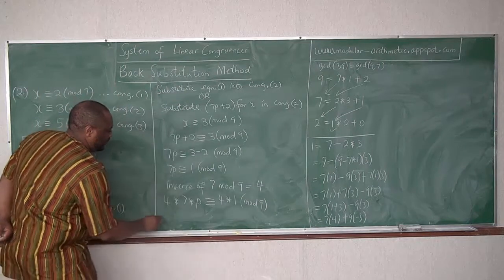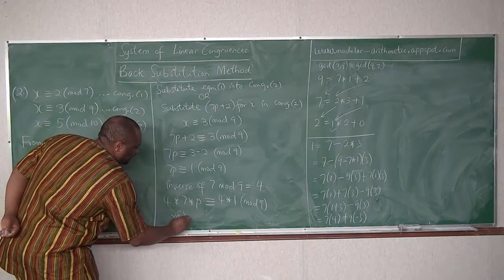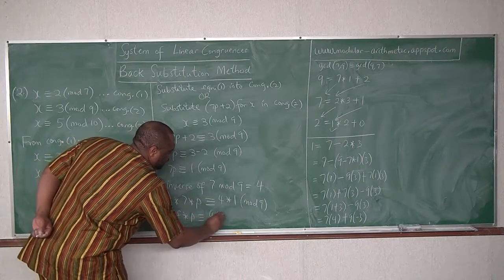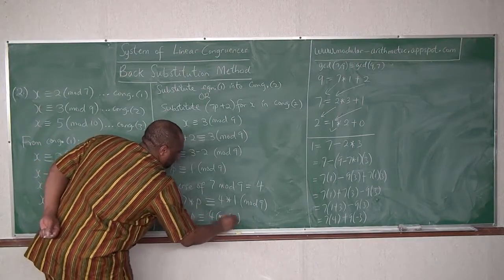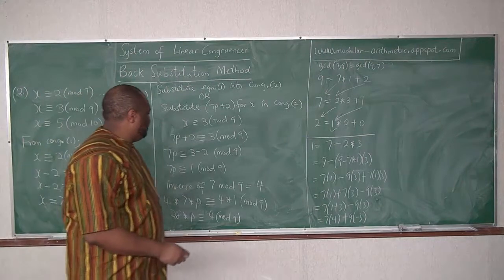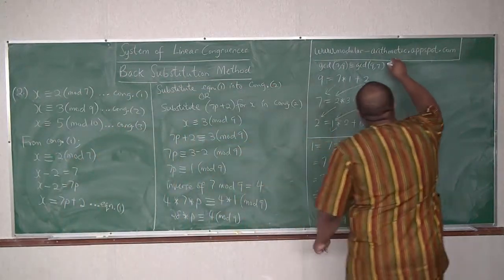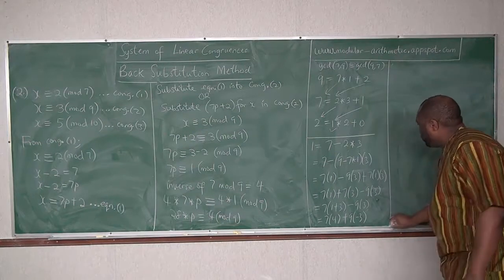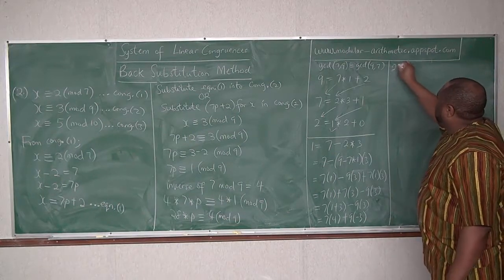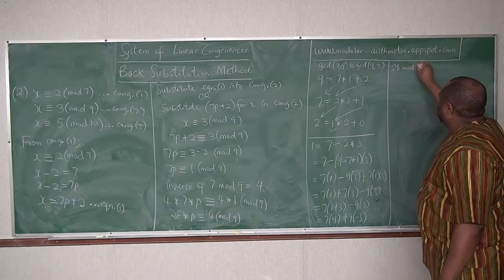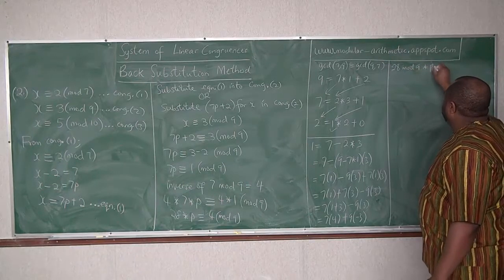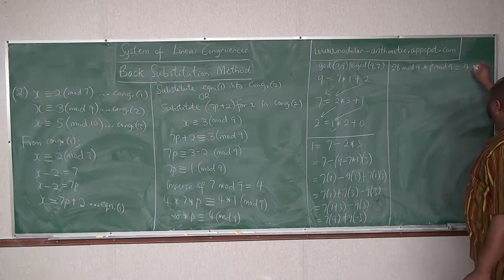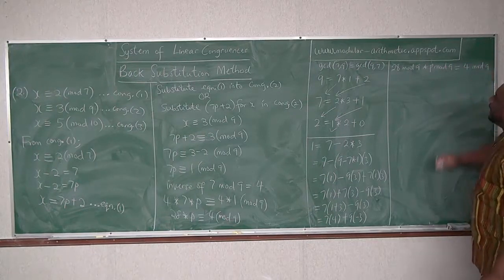So this is 28 times P is congruent to 4 in mod 9. What this means is 28 mod 9 times P mod 9 is equal to 4 mod 9. That is what it means.